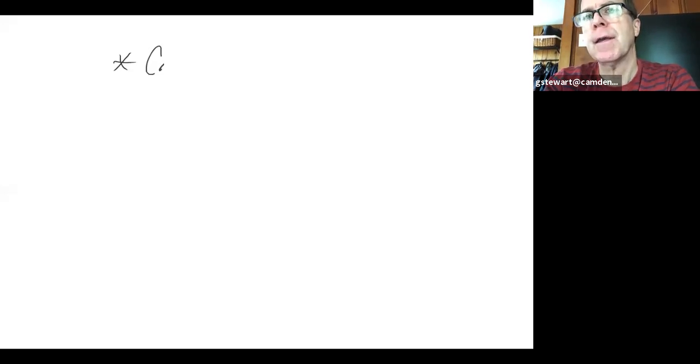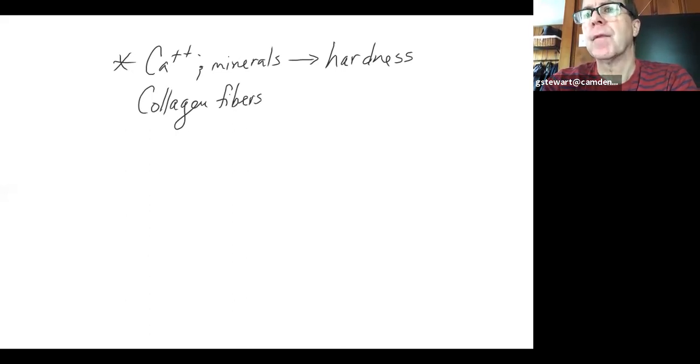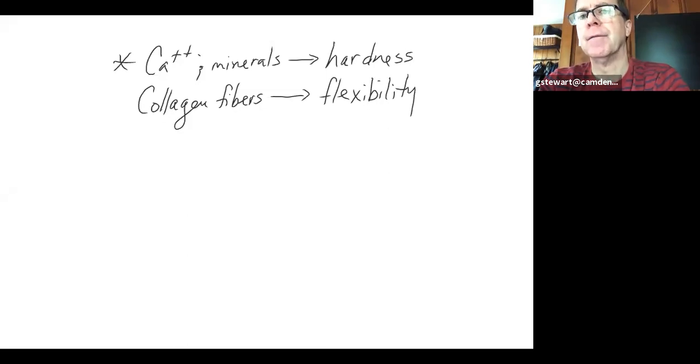So we already know that calcium and other minerals give bone matrix, make it hard. Collagen fibers give bone flexibility. So you don't think that your bones are flexible, but really they are on a very small scale.